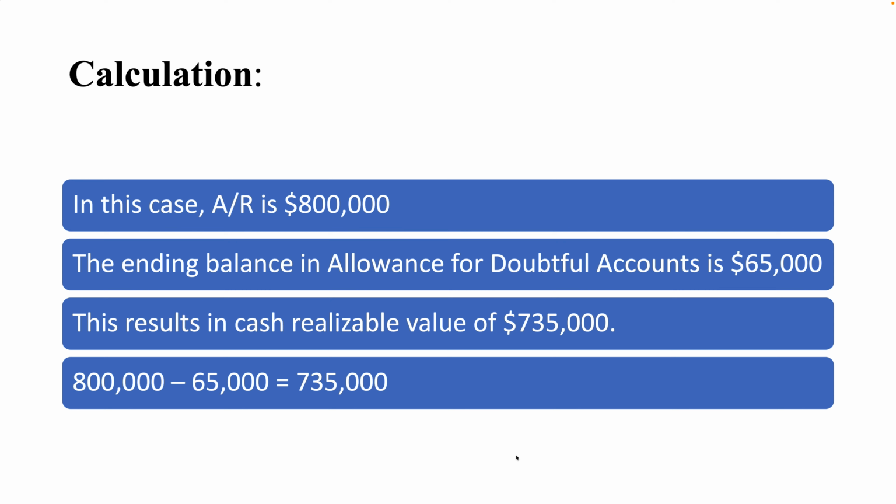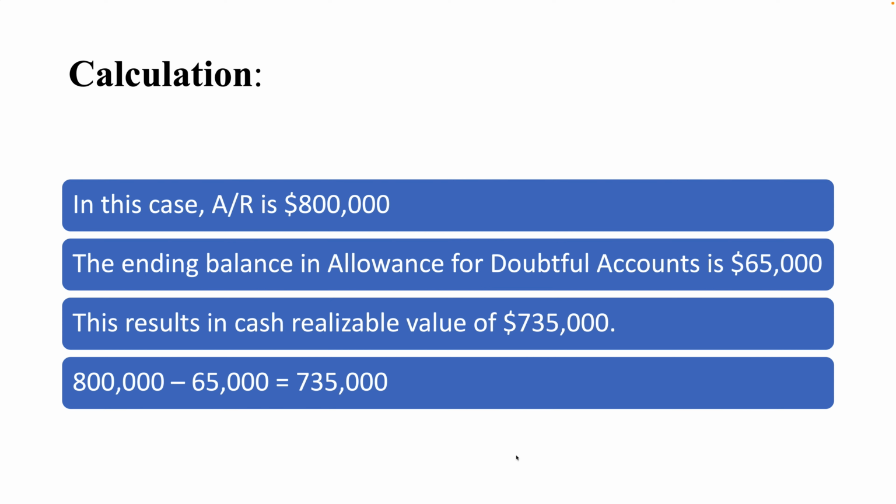So the cash realizable value of the accounts receivable is the accounts receivable less the ending balance of the allowance for doubtful accounts.